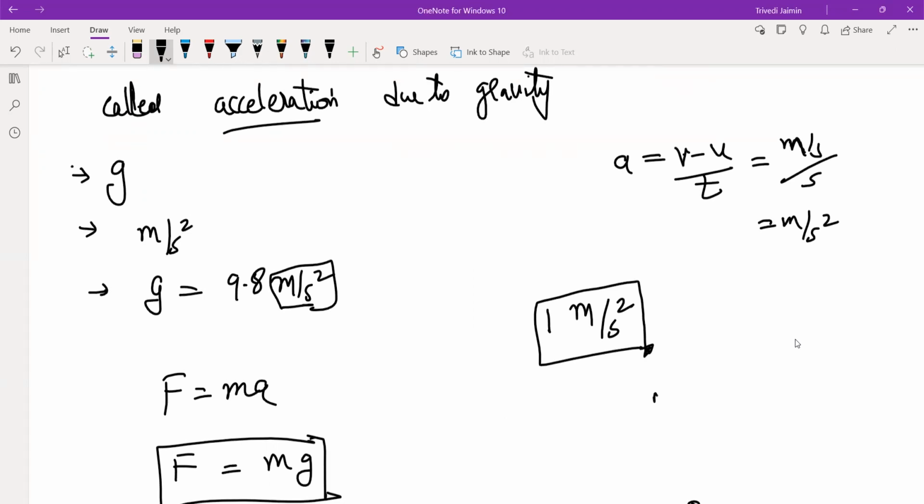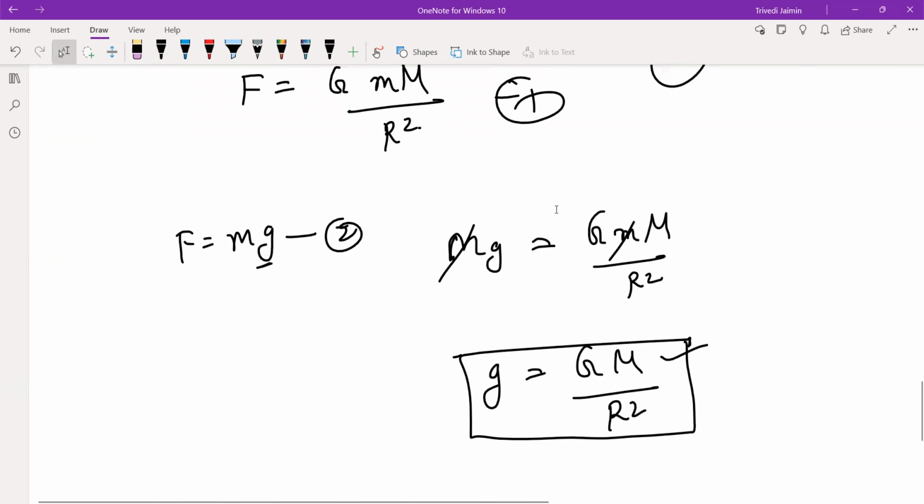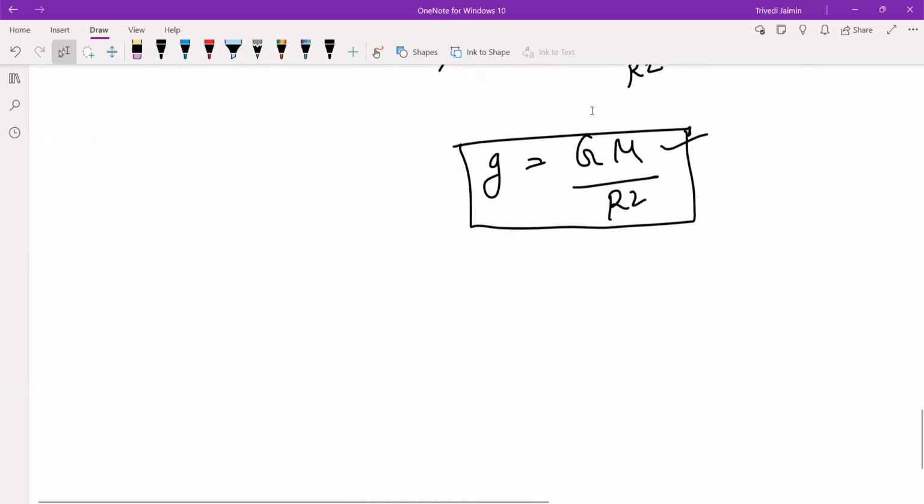So every second, it adds 1 meter per second. In every second, it's adding 1. It's actually so high if you observe this. That's why during free fall, space shuttles burn up due to high friction. Right. Okay.